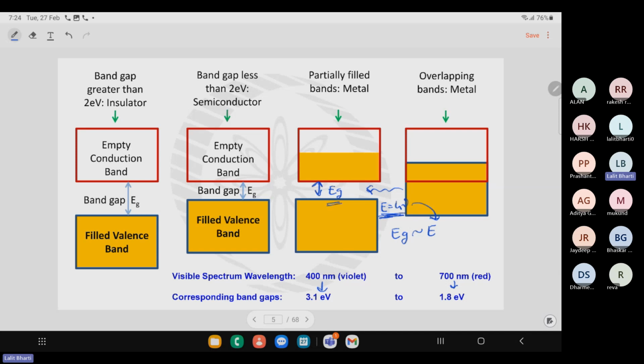It should be comparable. So for absorbing 400 nanometer light, your corresponding band gap should be around 3.1 electron volts. And if you go from 400 to 700 nanometers, your band gap should decrease to around 1.8 electron volts. So this criterion of corresponding band gaps is very important. For solar cell applications, that is why we need semiconductors, and the band gap is quite crucial in determining the type of material.